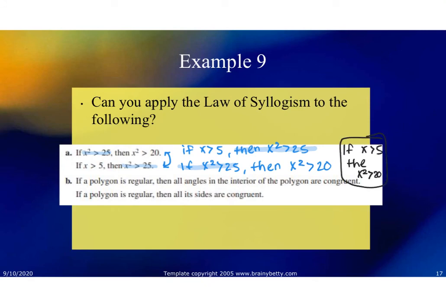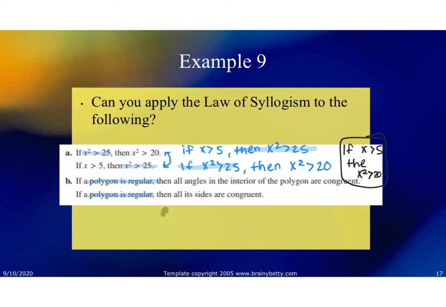All right, if a polygon is regular, then all angles in the interior of the polygon are congruent. If a polygon is regular, then all of its sides are congruent. So our common hypothesis is if a polygon is regular. It's only being used as the hypothesis.